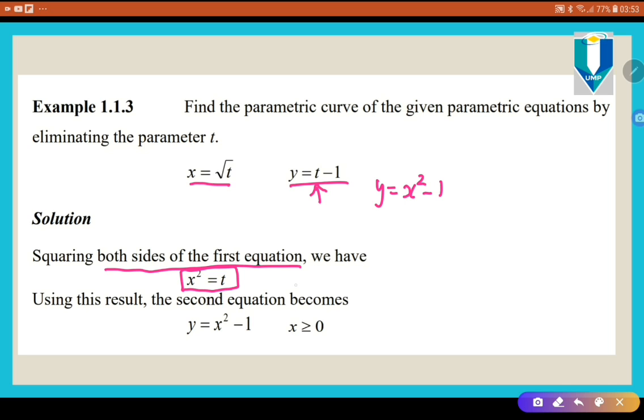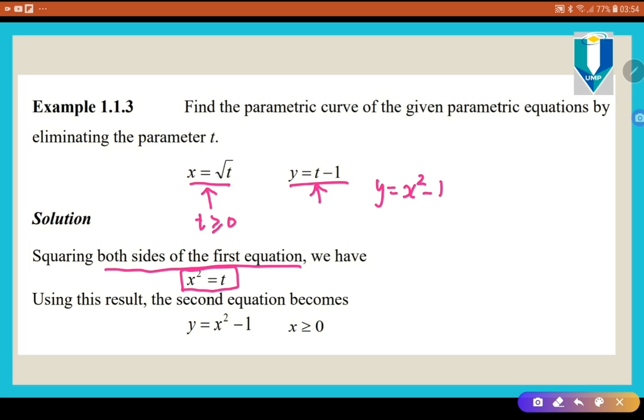Notice that when you square, you get y equivalent to x squared minus 1. But in the first parametric equation, t cannot be less than 0 because it's under the square root. So t must be bigger than or equivalent to 0.